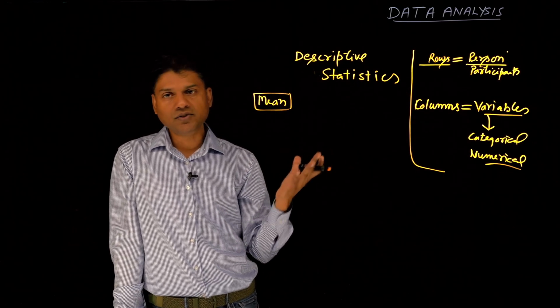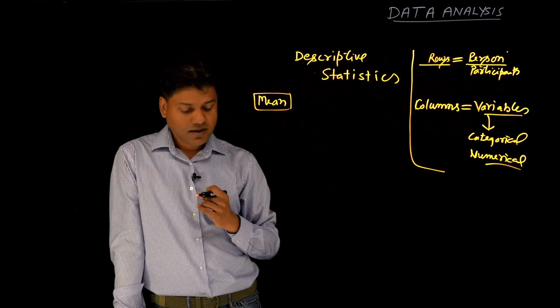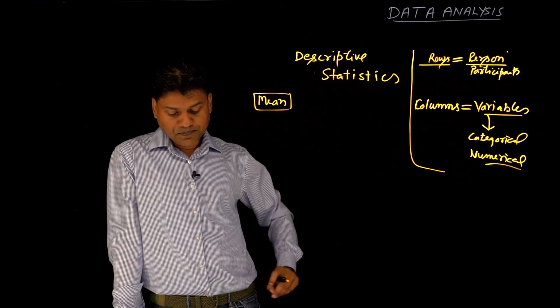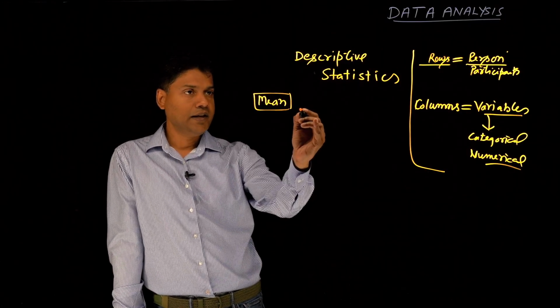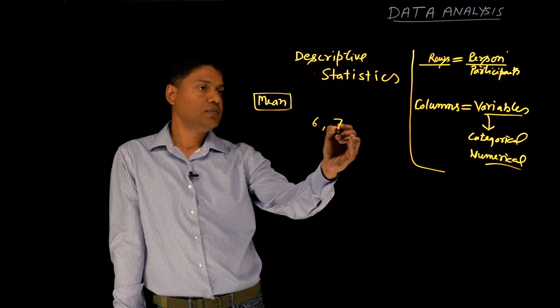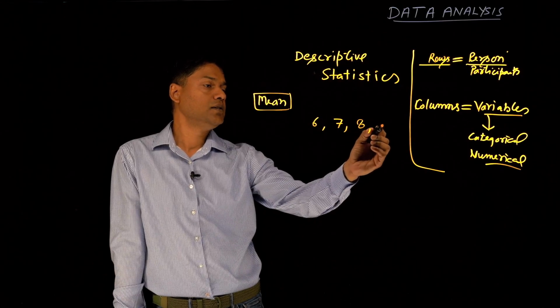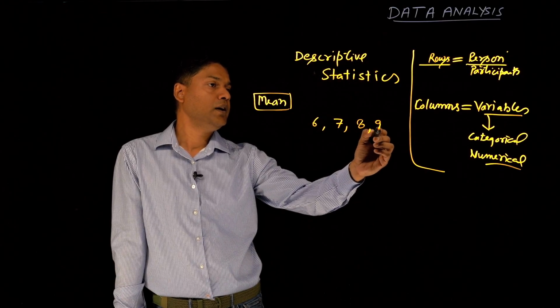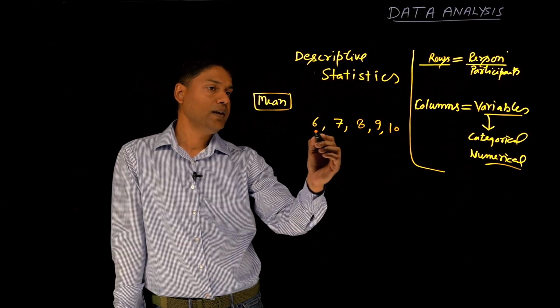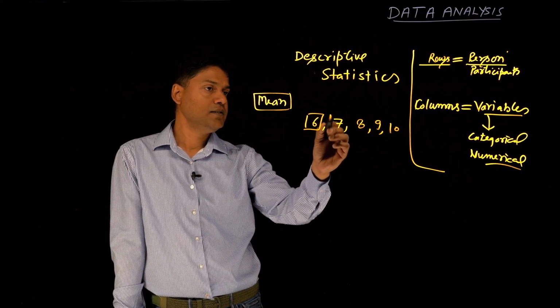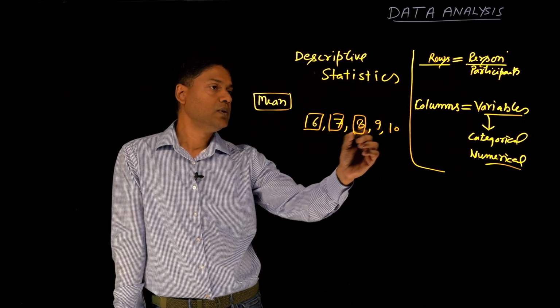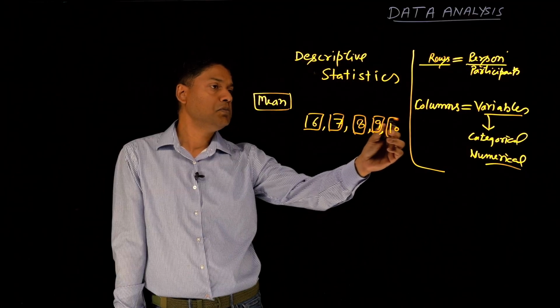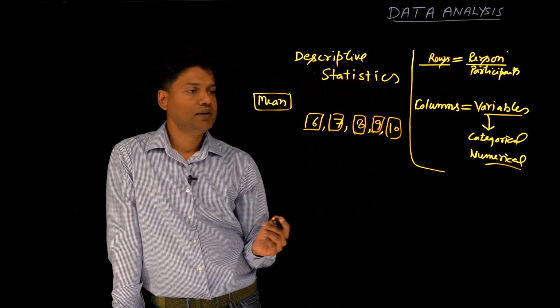So what is the mean score of a given set of scores? Let's take data like 6, 7, 8, 9, 10. Let's say this is the score of a person's stress level.